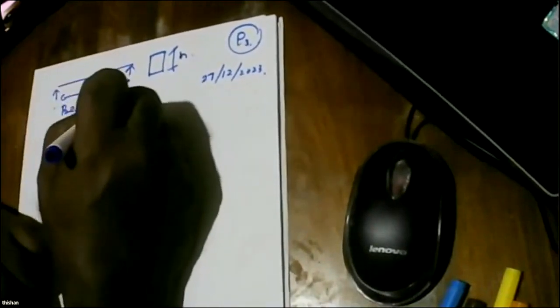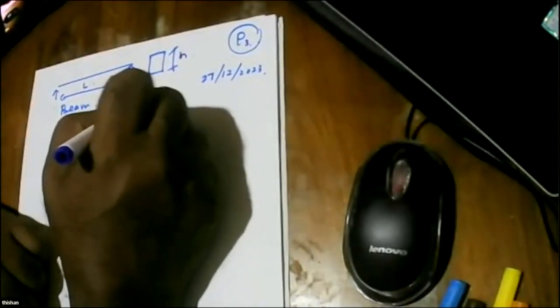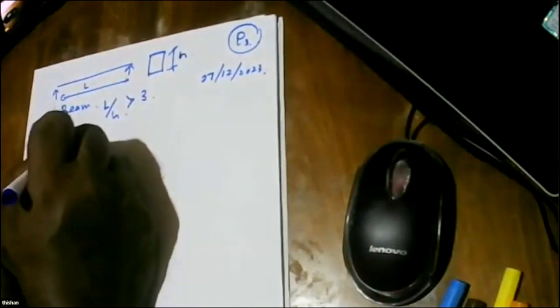Now we can say, what is a beam? What is the definition of a beam? So we have a cross section H. It has a length L, and L over H ratio greater than 3, then we say it's a beam.